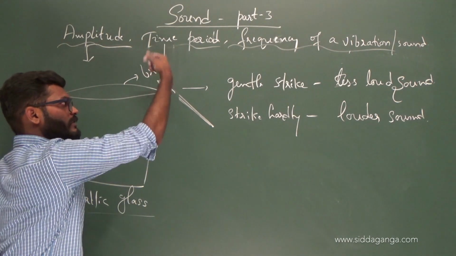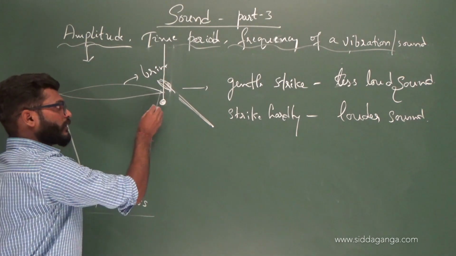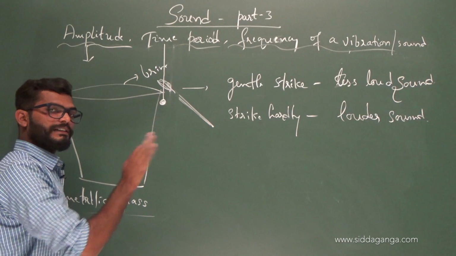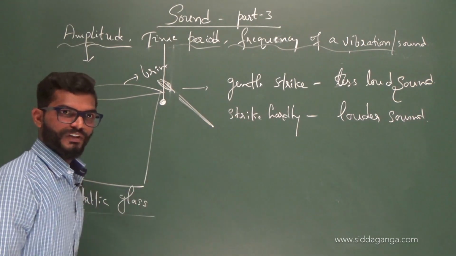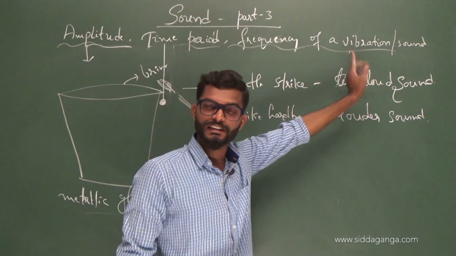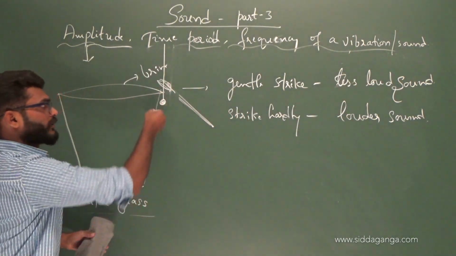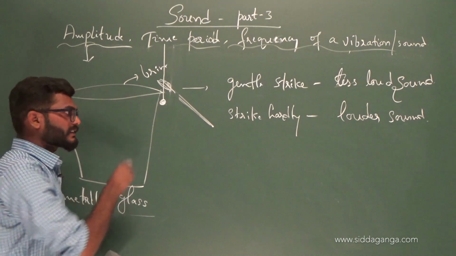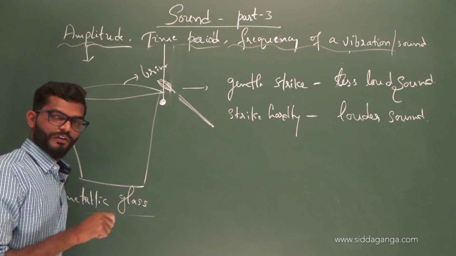When you strike that brim, the metallic glass vibrates, it produces sound. Depending on the strike that you make, it produces different sound. When you strike gently, the sound is of less loud.